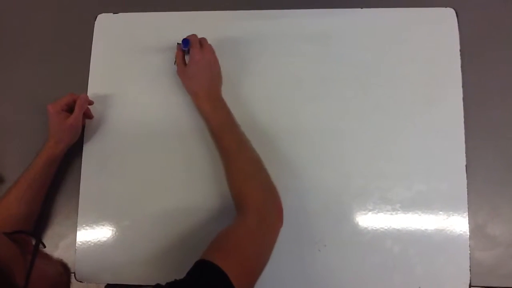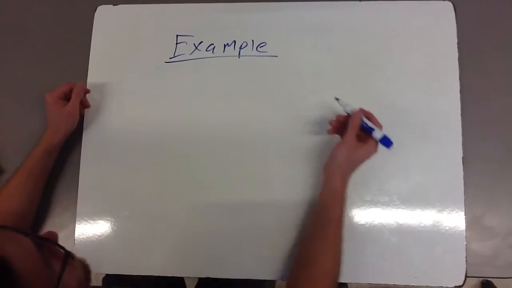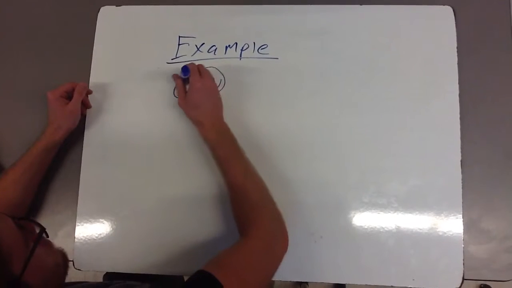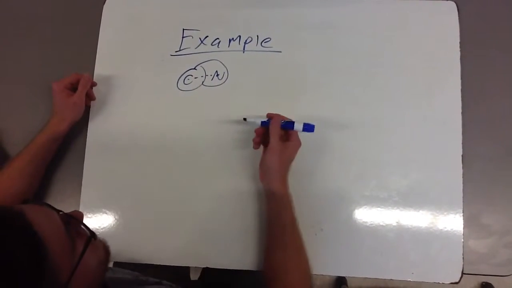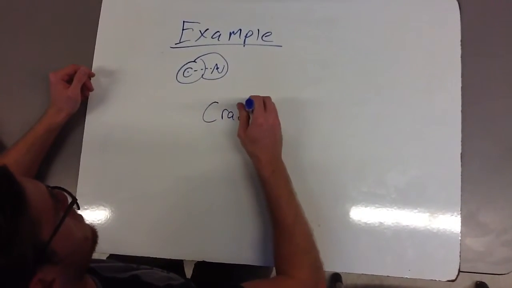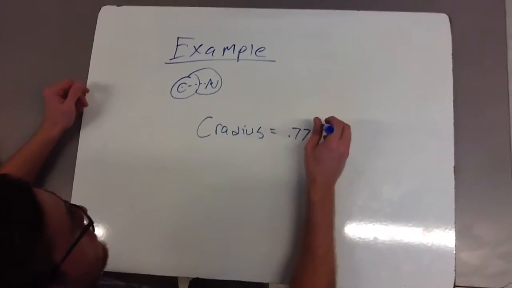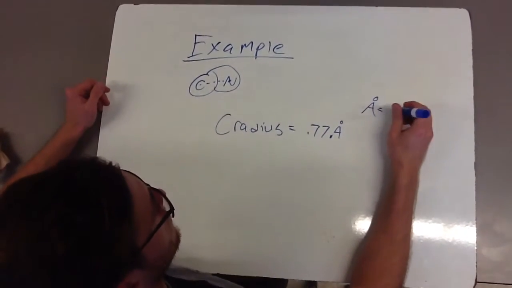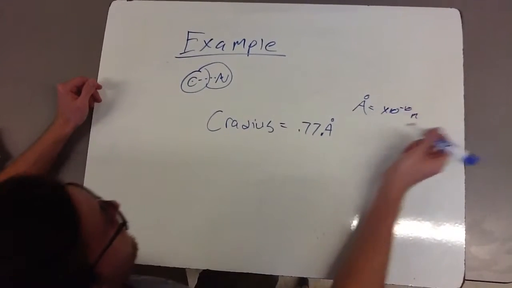Alright, let's take a look at an example here. So here you may need to find the bond length between a carbon and a nitrogen bond. So it's going to be the center of one atom to the center of the other. So usually you'll be given a chart that has the radius of the two atoms. So carbon's radius is 0.77 angstroms, and an angstrom is 10 to the negative 10th meter.